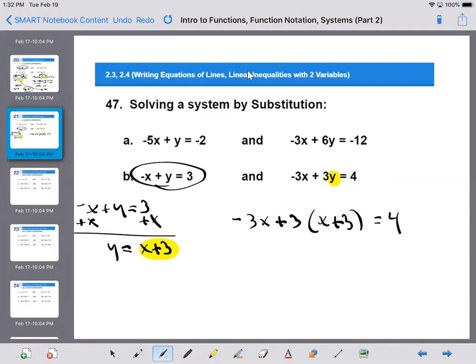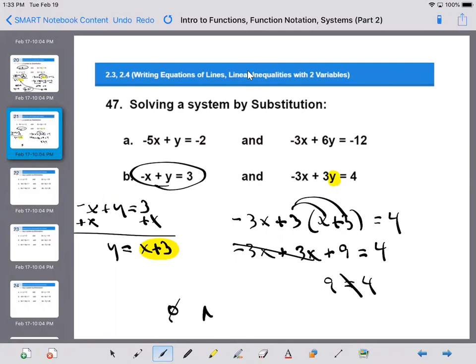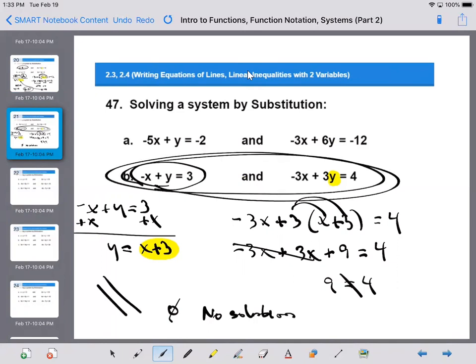So this will be negative 3x, and this will be positive 3x plus 9 is equal to 4. Notice what happens to your x's. They cancel out. You're left with 9 equals 4. That does not equal. This is a no solution. So when you graph these two, they would be parallel lines.